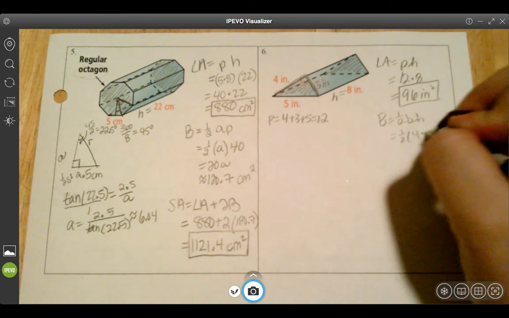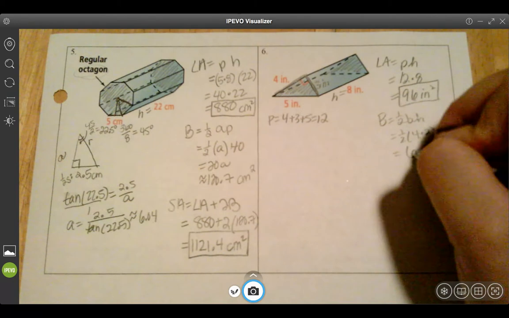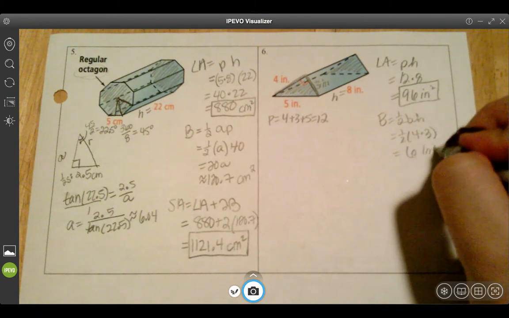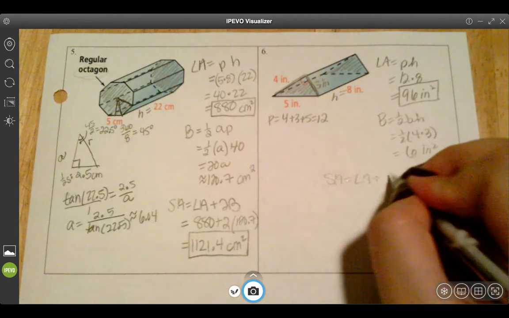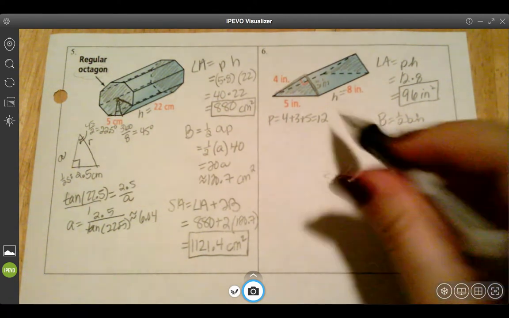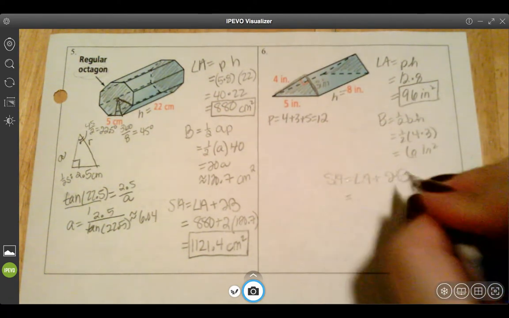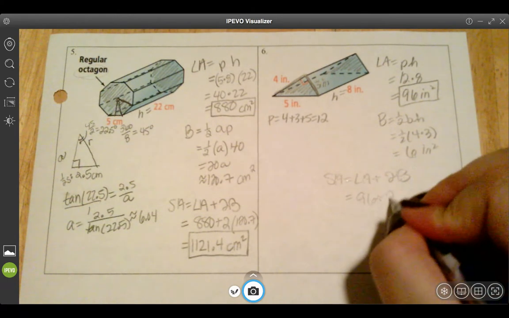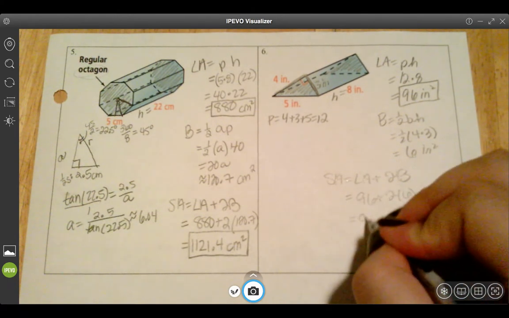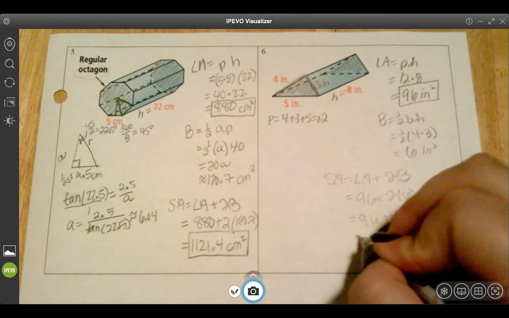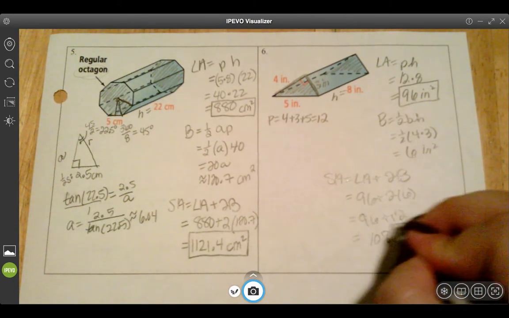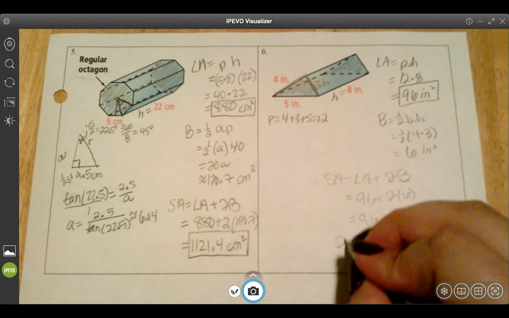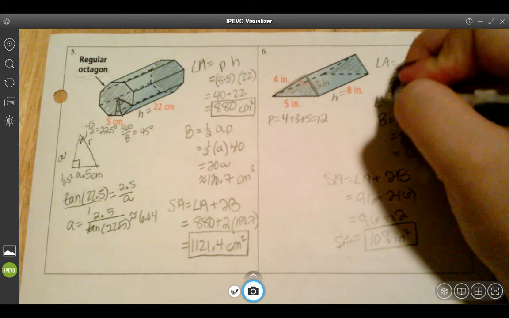That is 1/2 times 4 times 3, giving us 6 square inches. And surface area, which is lateral area, plus 2 times the 2 bases. That's 96 plus 2 times 6. 96 plus 12 equals 108 square inches.